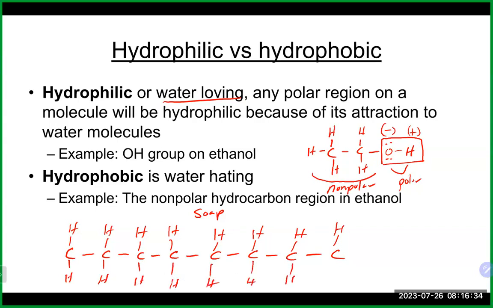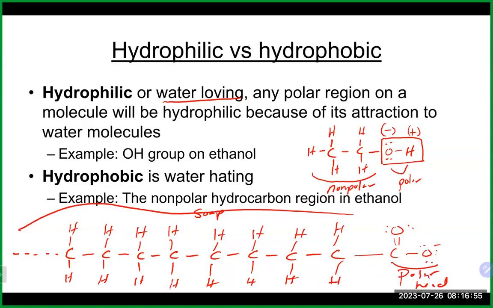Maybe I will draw out the hydrogens and a bunch of chain continuing on. And on the other end of soap, it has this carboxylic acid group here, which is a polar part. So this again is the polar head of soap. This part here, which is all carbons and hydrogen, is the nonpolar, sometimes referred to as the nonpolar tail of soap.